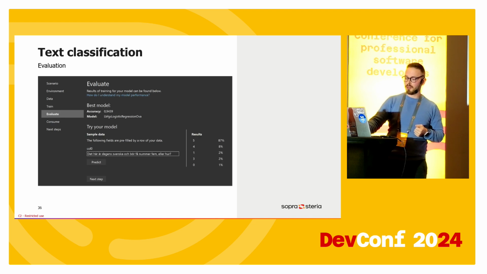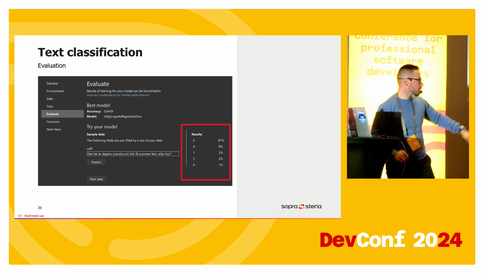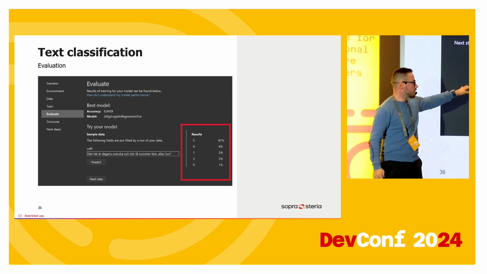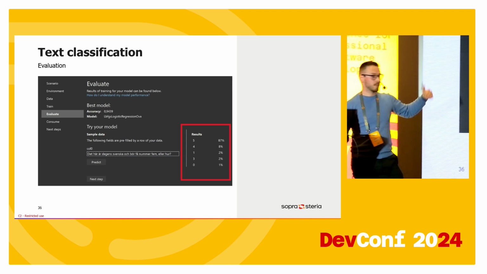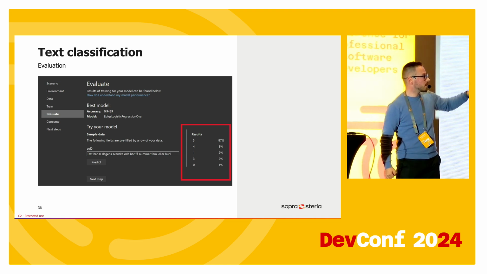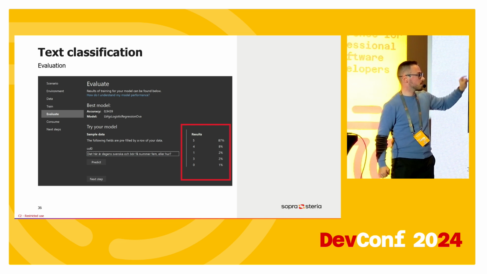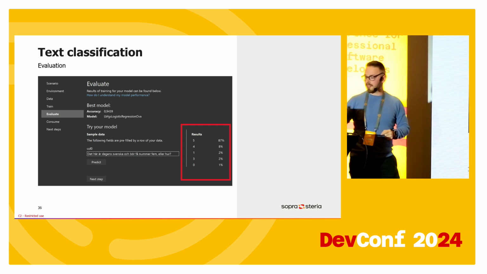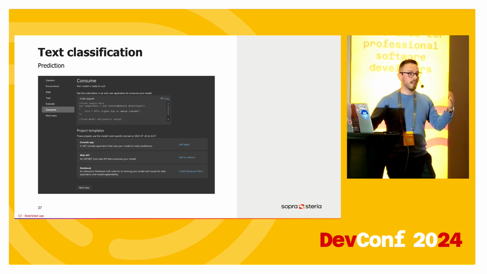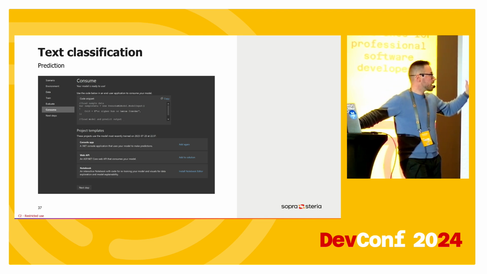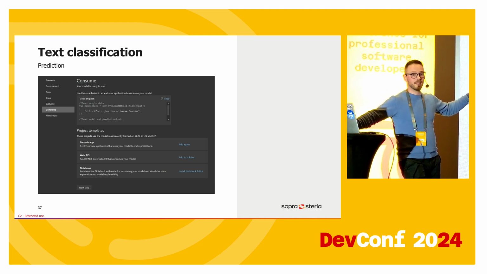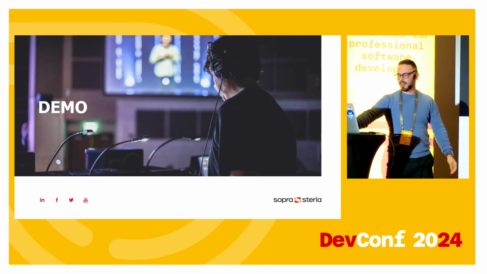After this, you are able to evaluate, and I put in some text in contemporary Swedish. So in my case, it was number 5, the categorization, and you see the result. My model assessed that it's contemporary Swedish with 87% accuracy. And when I'm happy with my model, I can build a console app, web API, or any other app and consume and use my model for my real business applications.